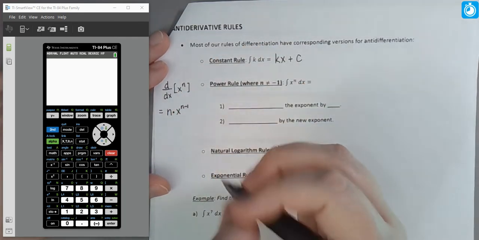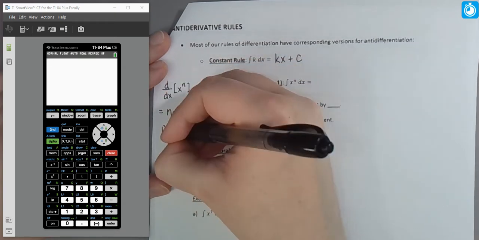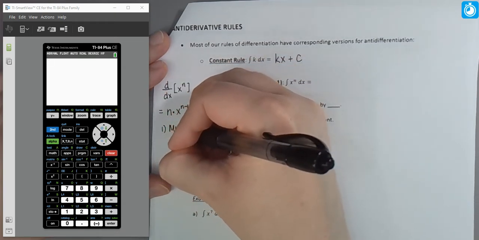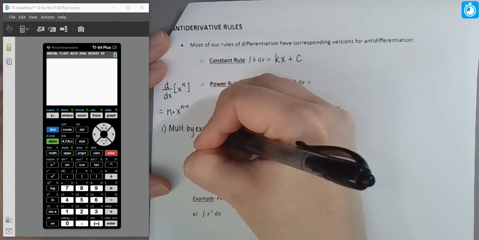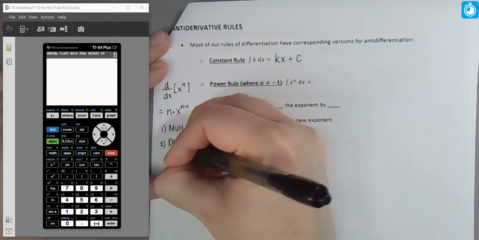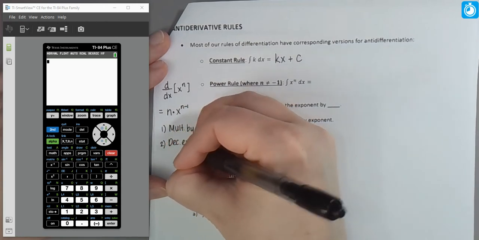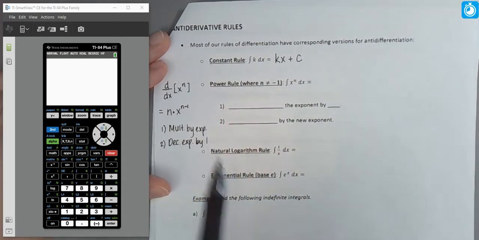And the order we do that in matters. The first thing we do is multiply by the current exponent, and the second thing we do is decrease the exponent by 1. So that essentially summarizes the power rule for differentiation.